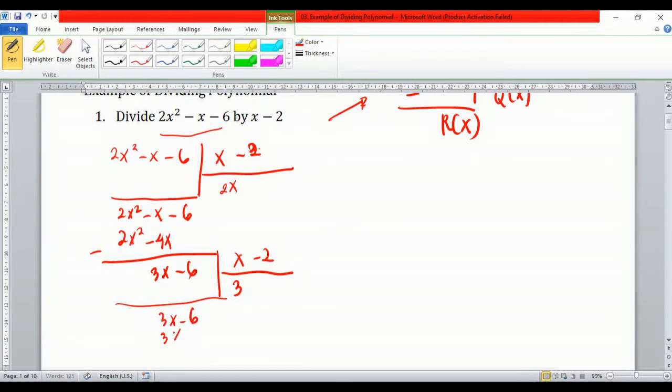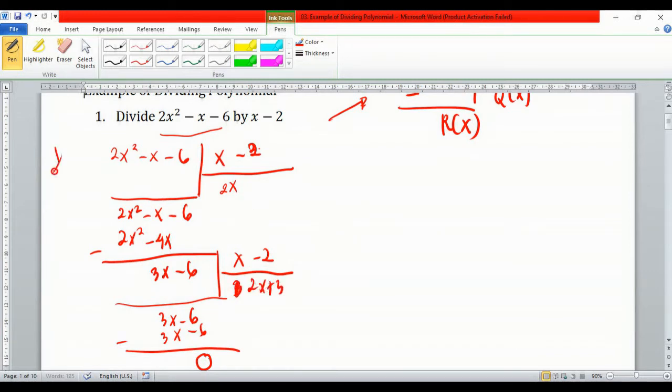So this one is 3x minus 6, and then you subtract each other, so this result is 0. Okay, so this result is 0, so that's the meaning. So we can see, okay, let me write again, 2x plus 3.